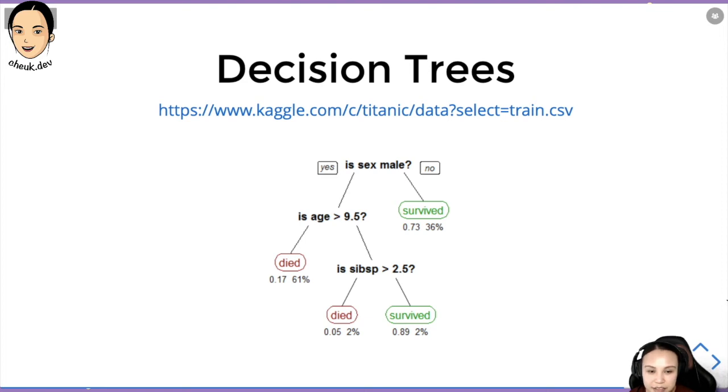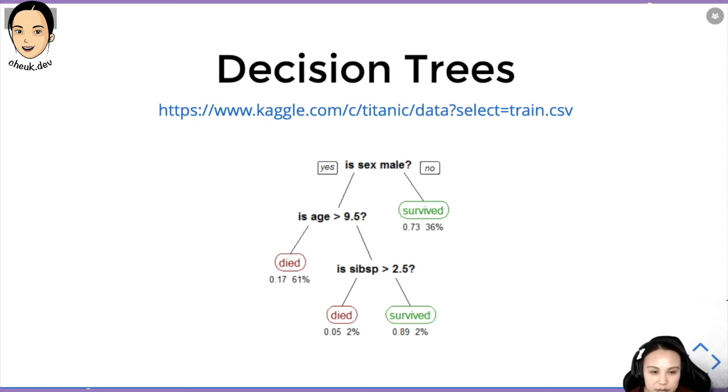If they are considered a child at that time, I think 9.5 is how people considered someone a child then. It's not far from being a legal adult, but society was a bit different. Also, it looks at whether they have a sibling or spouse, whether they have family with them, and how many.